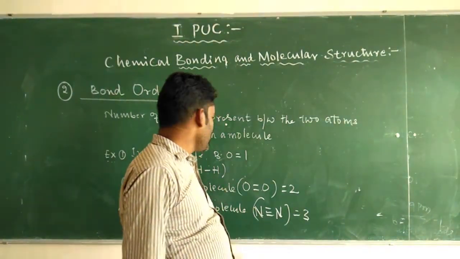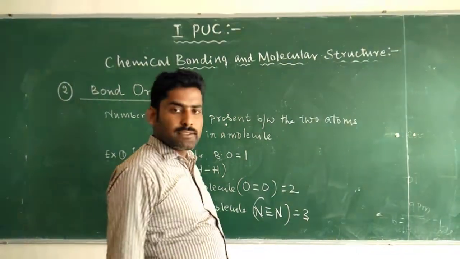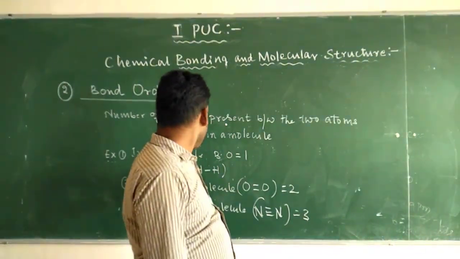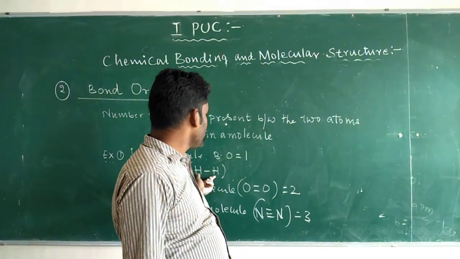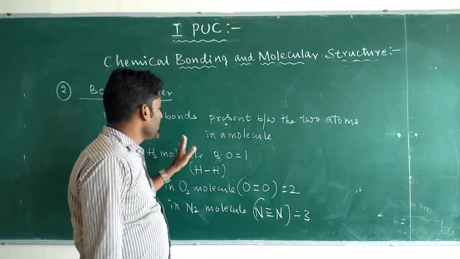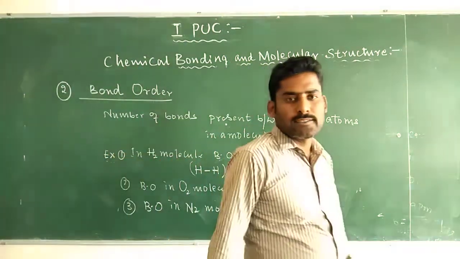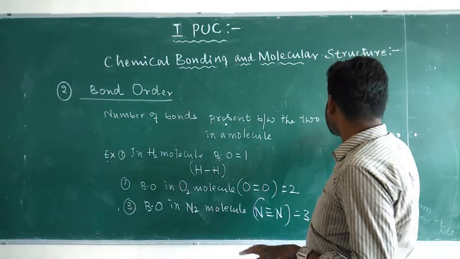In the oxygen molecule, a double bond exists between two oxygen atoms. And in the hydrogen molecule, one single covalent bond exists between two hydrogen atoms.